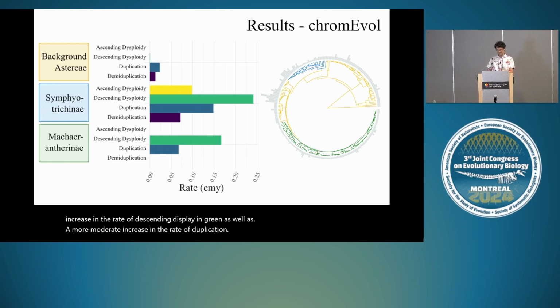Interestingly, if we compare that to the Symphyotrichinae, which overall does not have as low numbers as the Machaeranthera, the Symphyotrichinae actually has a more rapid rate of descending disploidy. But it also has much higher rates of gains, of ascending disploidy and of whole genome duplication.